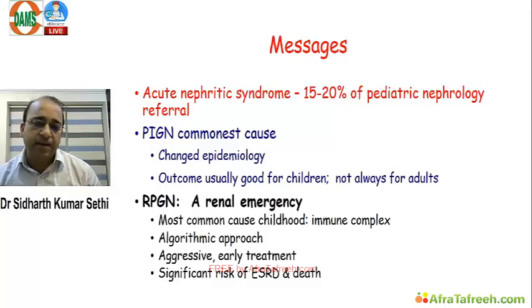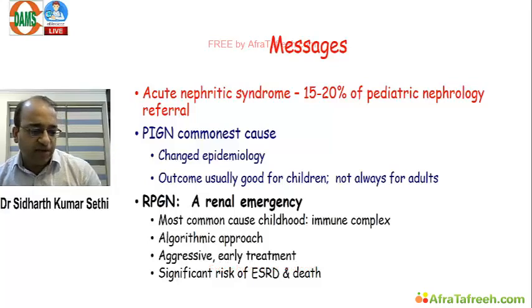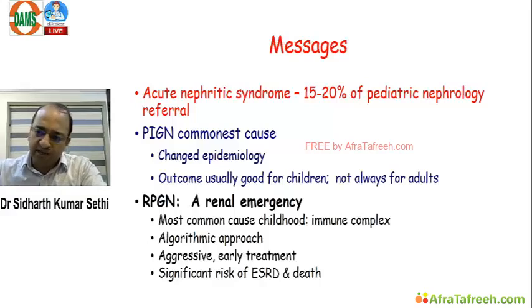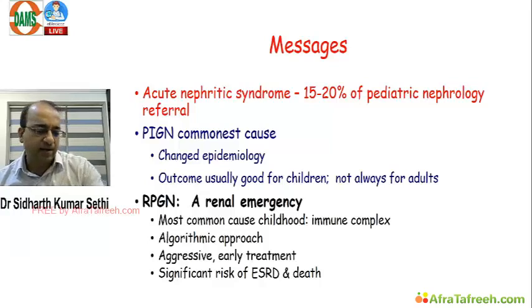Otherwise, they will die. I am telling you about that child from Uttarakhand. We started early plasmapheresis, early steroids in that child, and he's completely fine. I still see him. We are slowly reducing his drugs over the last 5 years, and he's completely well.